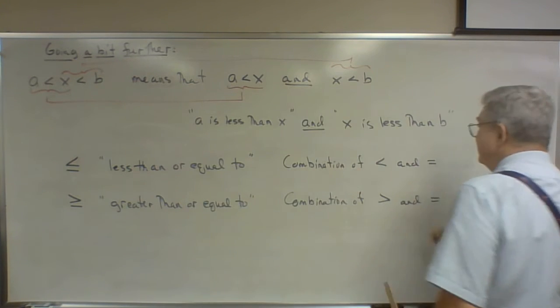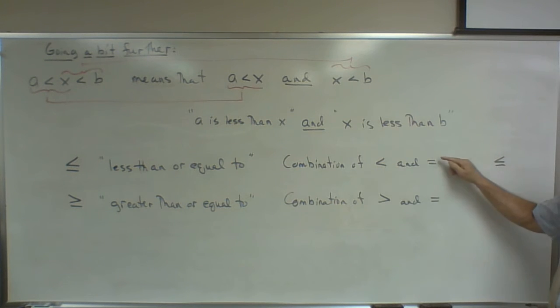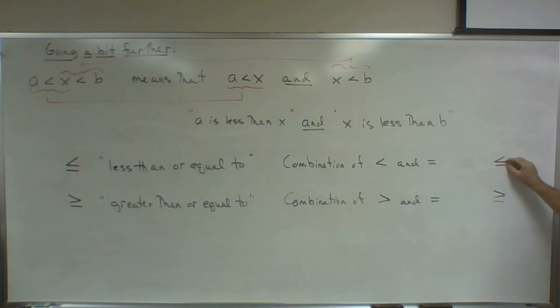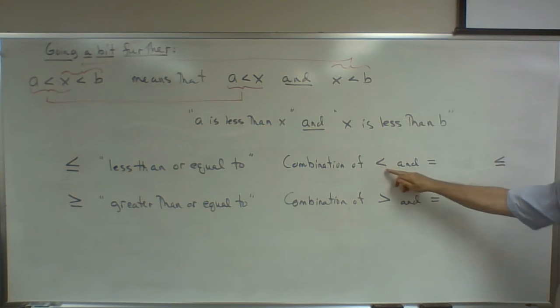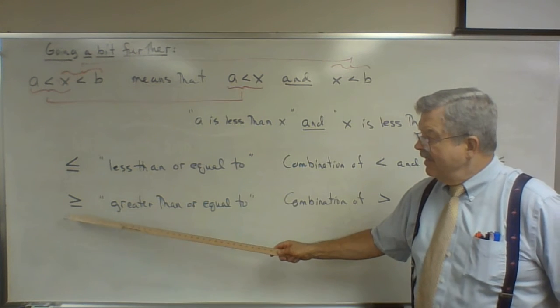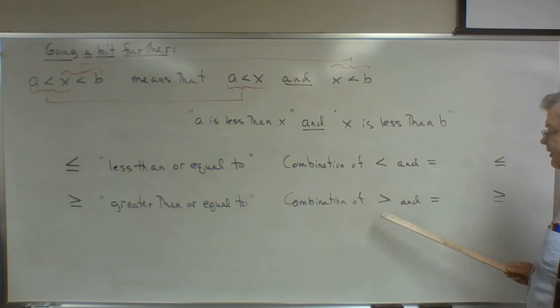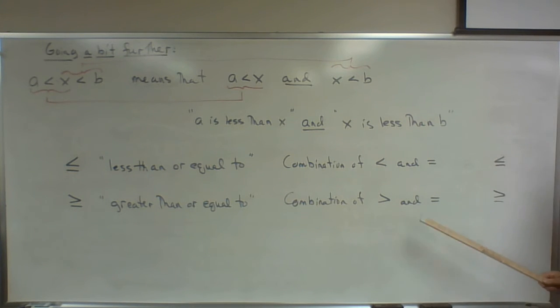We might think of the bottom half of this inequality sign and the top line of the equal sign being merged into one. Less than plus an equal sign, less than or equal to. Similarly, this inequality is a combination of the greater than sign and the equal sign. Greater than or equal to.